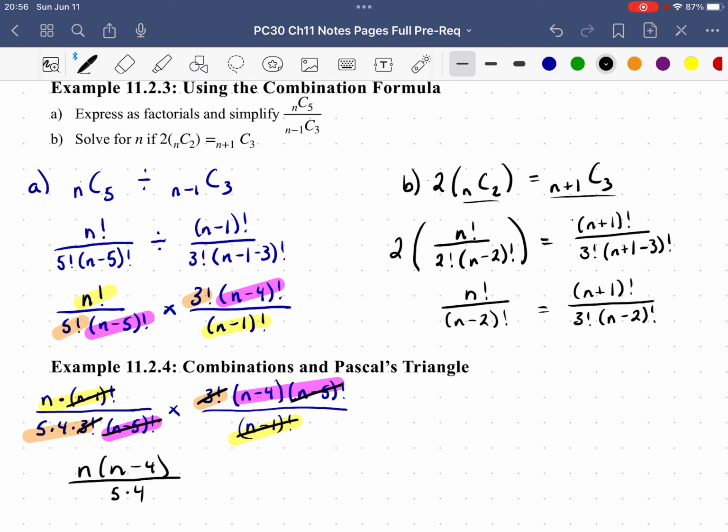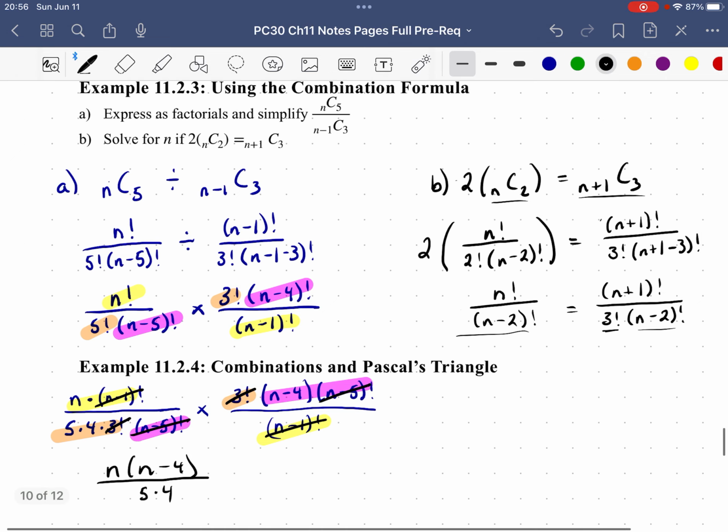Now, if we could get a common denominator, we can just look at the numerators, right? Well, look here. We've got 3 factorial here and (n minus 2) factorial. So why don't we get this denominator to be 3 factorial? So let's multiply 3 factorial times our denominator, but to keep it the same, we multiply by 3 factorial on the top.